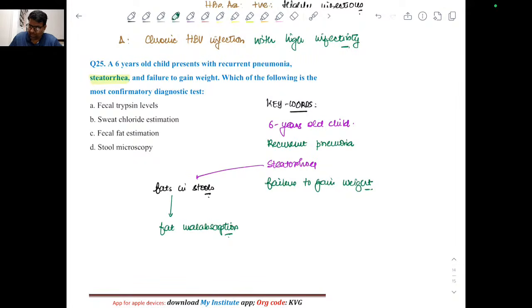Now, which is responsible for fat absorption? It is actually exocrine pancreas. So it means there is some insufficiency of exocrine pancreas, therefore the fat is not absorbed and therefore it is coming in stool. So one thing is insufficiency of exocrine part of pancreas.